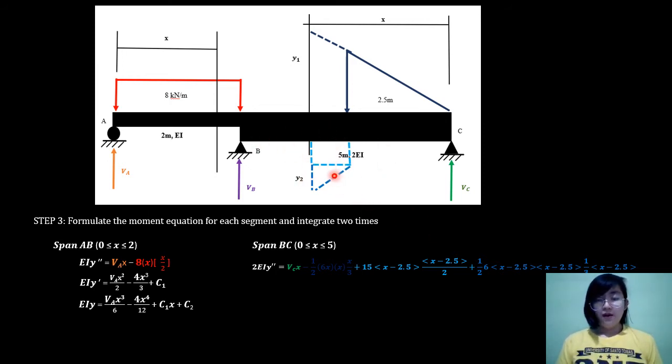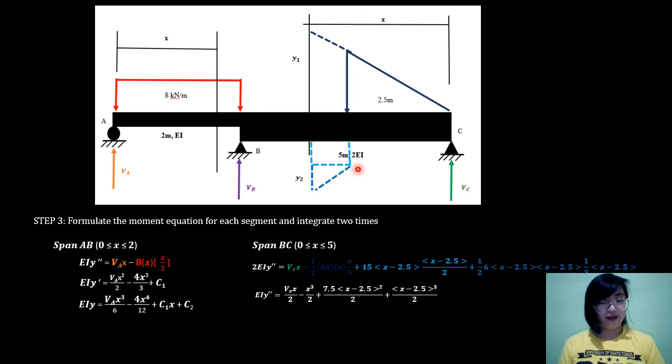So, 1/3 times x minus 2.5. So, i-simplify muna natin to and let's modify. I-divide natin siya by 2 kasi we have 2EI. So, we will get VCx over 2 minus x cubed over 2 plus 7.5 times x minus 2.5 raised to 2 over 2 plus x minus 2.5 raised to 3 over 2.